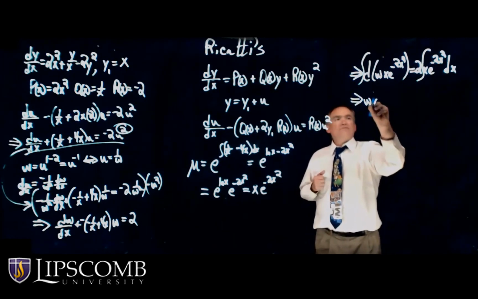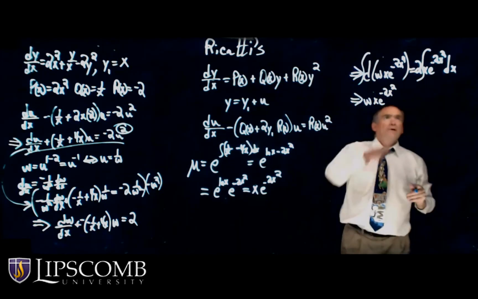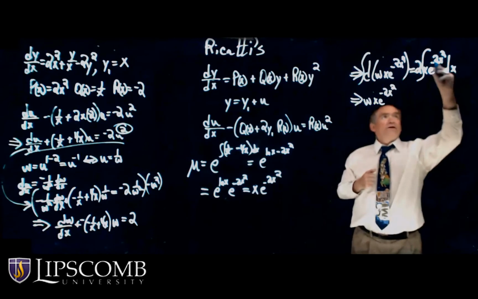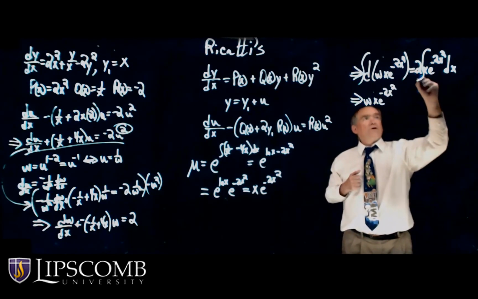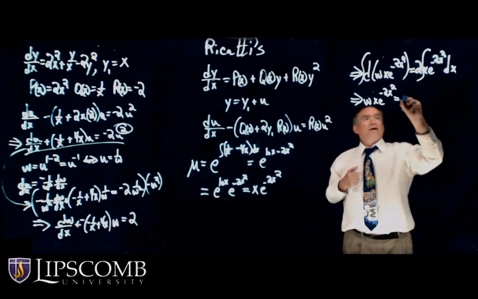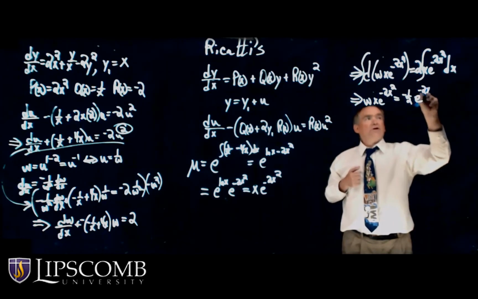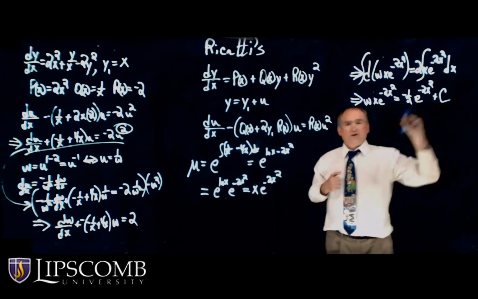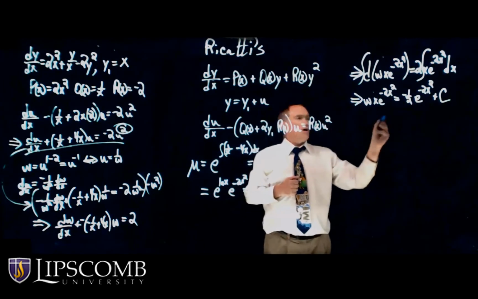So w times x e to the minus 2x squared. How do I integrate? Well, look, that's nice because I put a 4 there, a minus 4, and so I have a minus 1/4. So this would be minus 1/2 e to the minus 2x squared plus c. So that's what I've got.